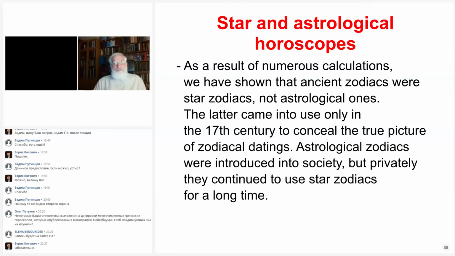So, out of fear that horoscopes would emerge that could be dated, and the date wouldn't match, they concocted an entire theory that a horoscope is not an arrangement of planets in constellations but an arrangement of planets in astrological signs. They named the signs the same as constellations, like Aries, Taurus, Leo.